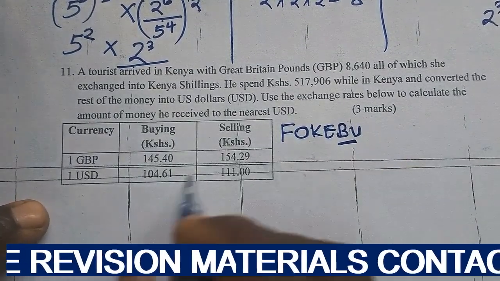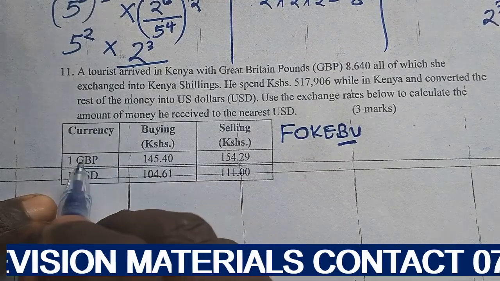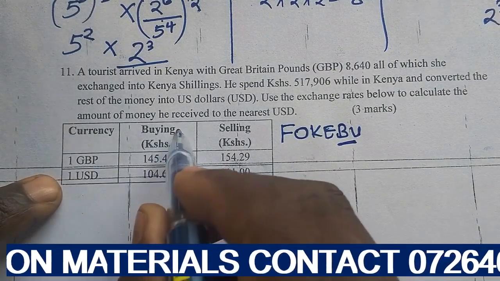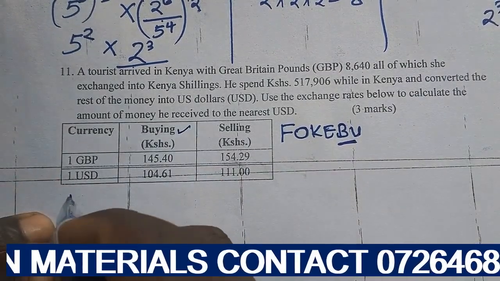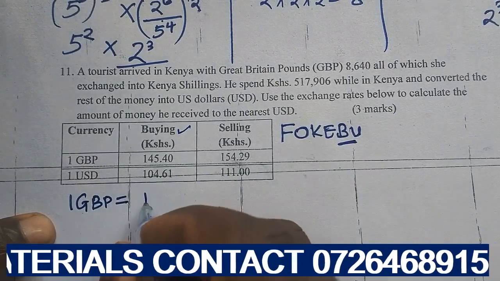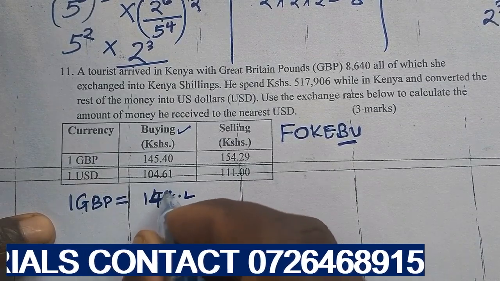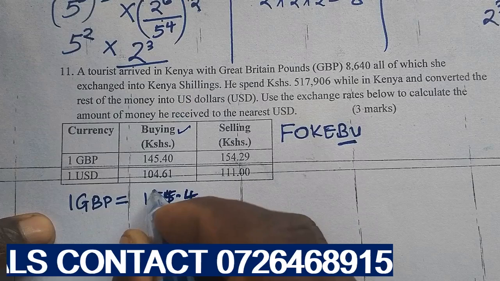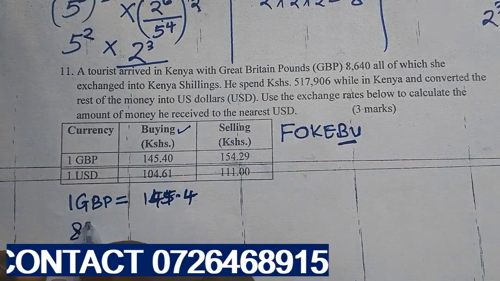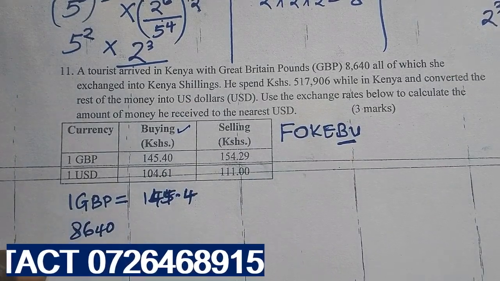Now we are going to use the column for buying, because 1 GBP is 1 forex buying. So we are going to use this one. So we are going to say 1 GBP is equal to 145.4. We will ask 8640 will be how much.